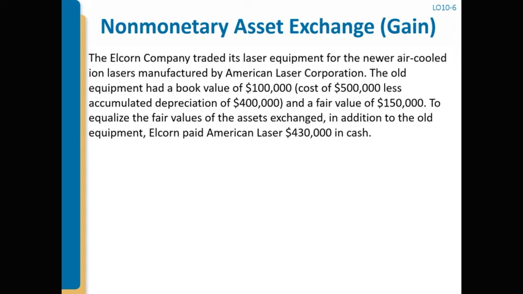So here is an example. The company traded its laser equipment for the newer air-cooled ion lasers. The old equipment had a book value of this one, cost minus accumulated depreciation, and a fair value of 150. To equalize the fair values, in addition to the old equipment, the company also paid this amount in cash.